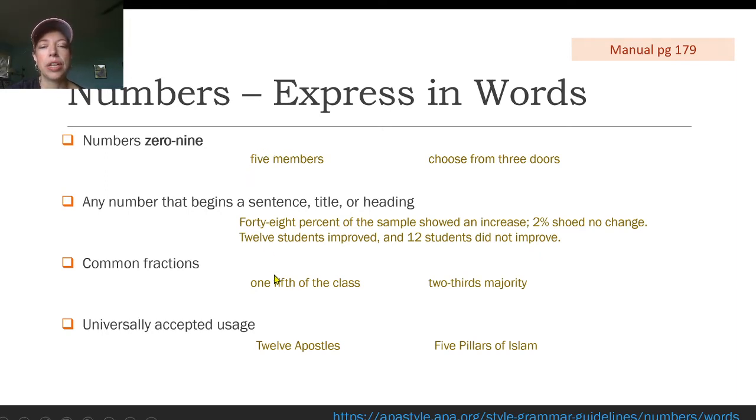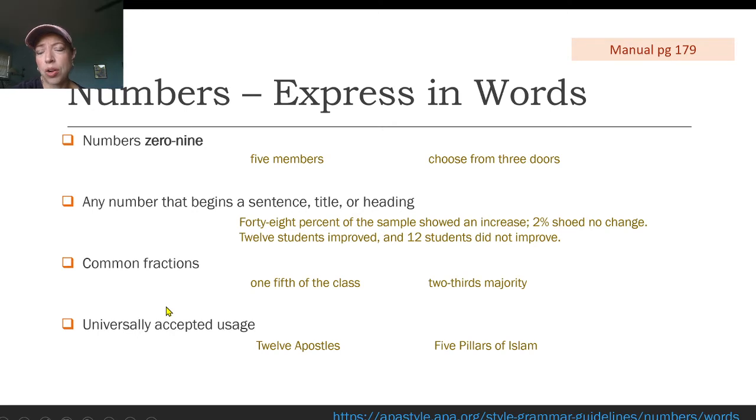However, if we have 48% of a sample, generally we would put the numbers 4-8 because that's greater than 10, a two-digit number. However, we never want to start a sentence, title, or heading with a digit. It needs to start with a letter. So the 48 there would be written out.